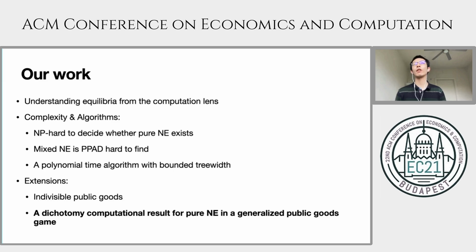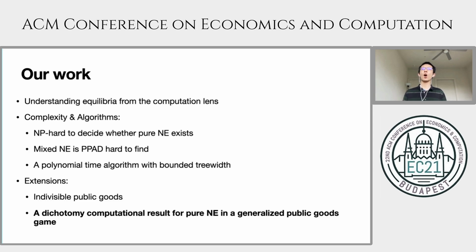Okay, finally, I will talk about a generalized public good game and a dichotomy computation result on finding pure Nash equilibrium. Instead of the simple step utility function I discussed before, to be more concrete, step utility function means the player will be happy if someone in the neighbor contributes, and the player will be not happy if none of the neighbors produce the good and they will produce the good itself.